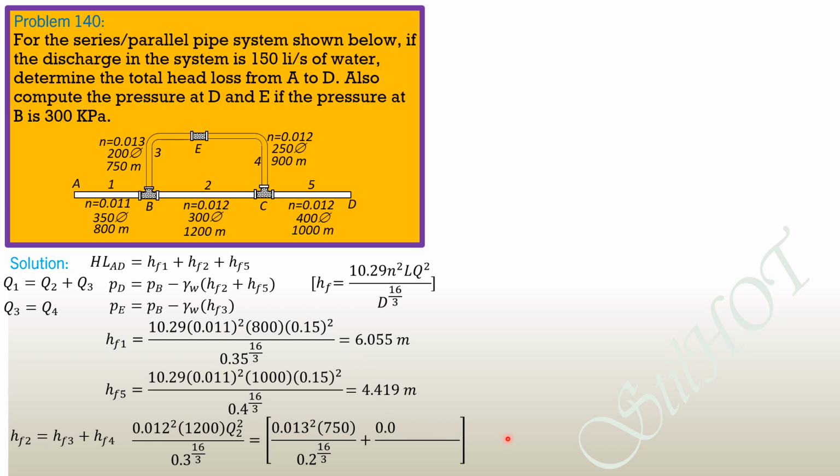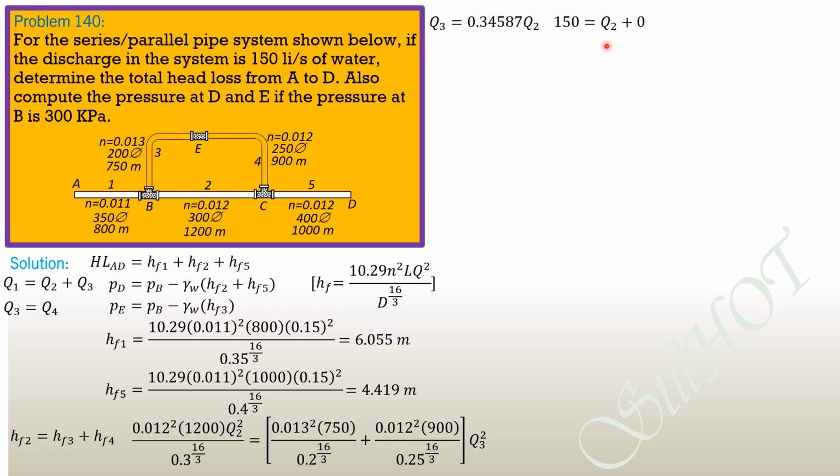So we just factor out Q3 square because Q3 equals Q4, over diameter 0.2 to the 16 thirds plus 0.012 square, length 900, Q3 square also, divided by 0.25 to the 16 thirds. So expressing Q3 in terms of Q2, Q sub 3 is equal to 0.34587 of Q2.